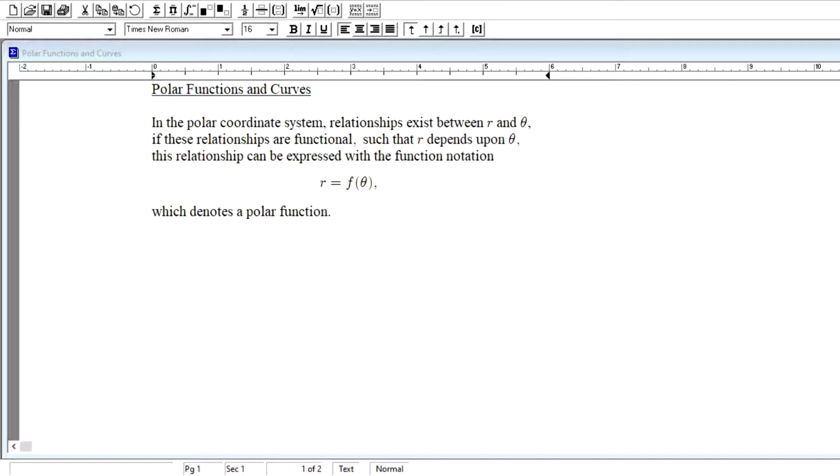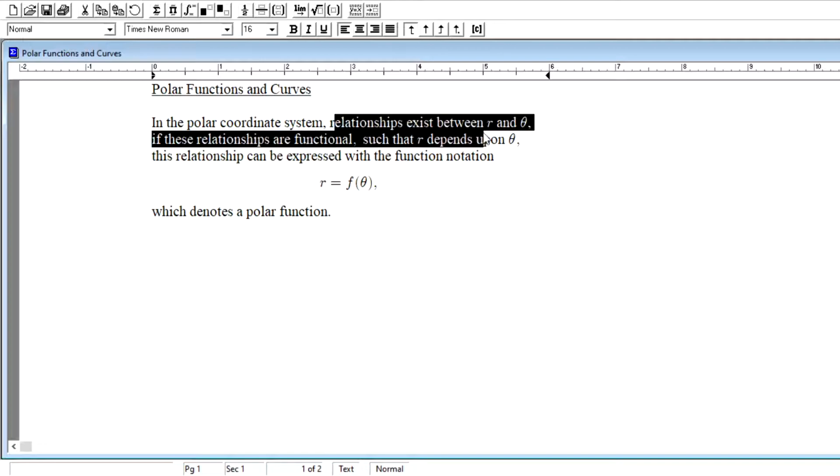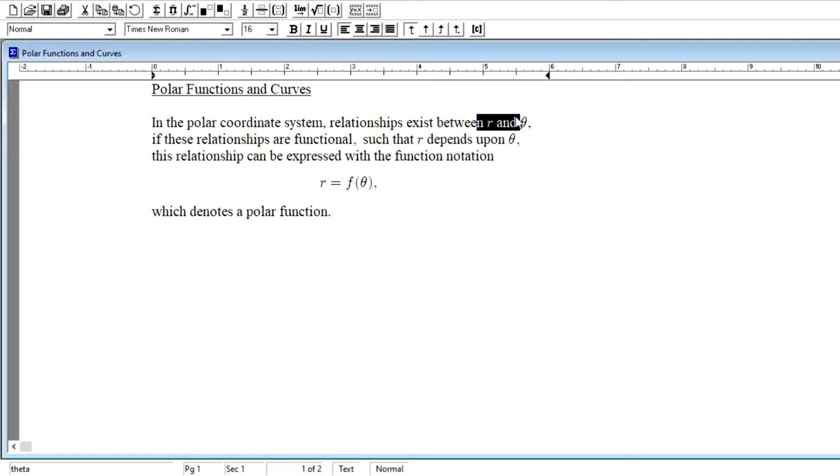One thing we note is in the polar coordinate system, relationships exist between r and theta, right? Just like in the xy coordinate system, we have relationships that exist between the variables x and y. In the polar coordinate system, we do have relationships that exist between the variables r and theta.